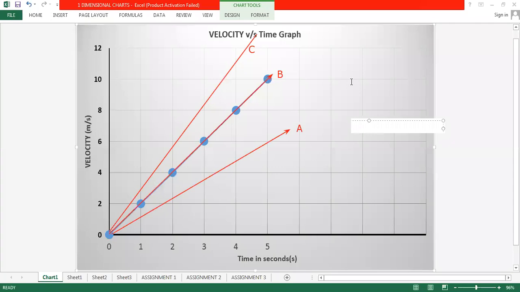Very good. C is more steeper. So can you say me, class, which line is having maximum acceleration? Very good. C is having maximum acceleration.